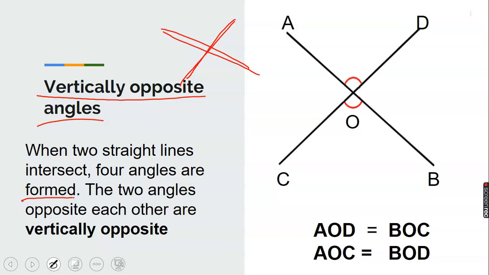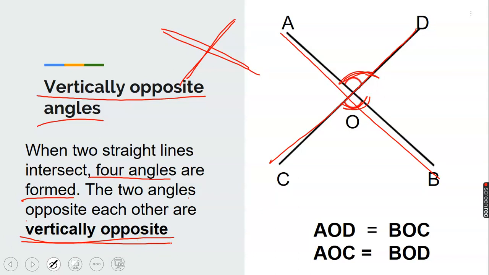How many angles? 4 angles are formed. The two angles opposite each other are called vertically opposite. Now, what do I mean? When two lines cross or intersect, the angle here and the angle here, we call them vertically opposite angles.